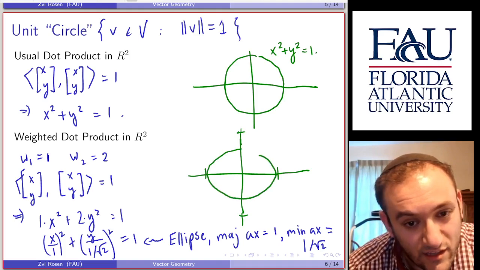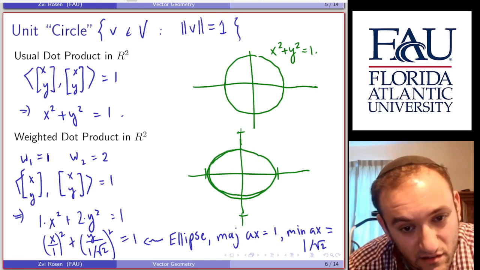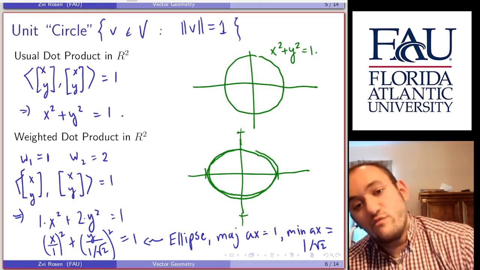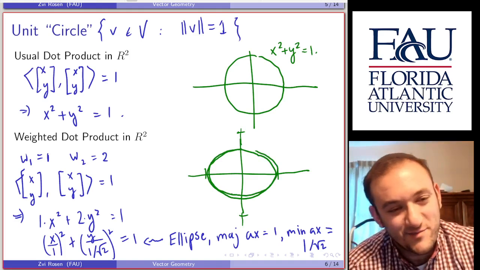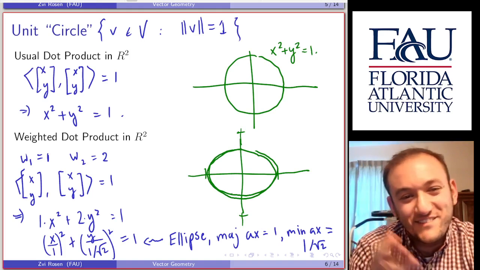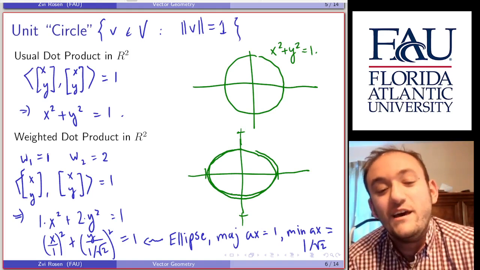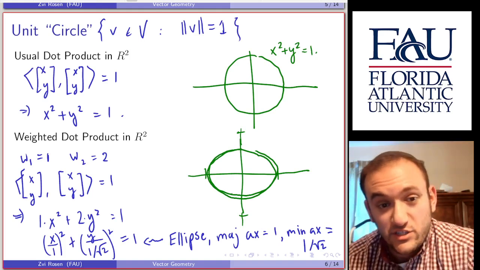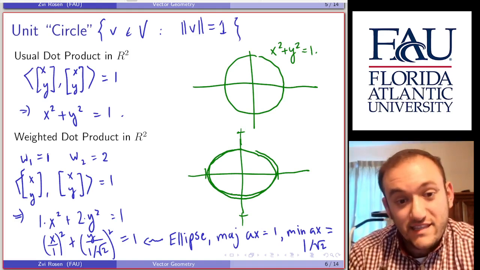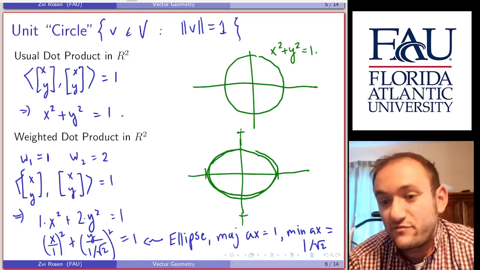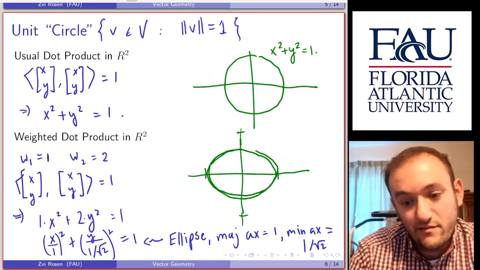So under this inner product, this is our unit circle, this flat ellipse. Okay, so with my artistic skills, the circle looks a little bit like the ellipse, but some of our geometric intuition is going to fail us here, because the inner product here defines a different concept of norm and length.